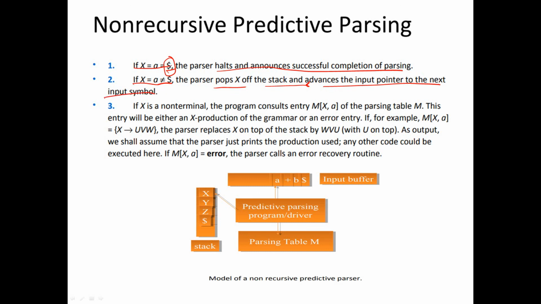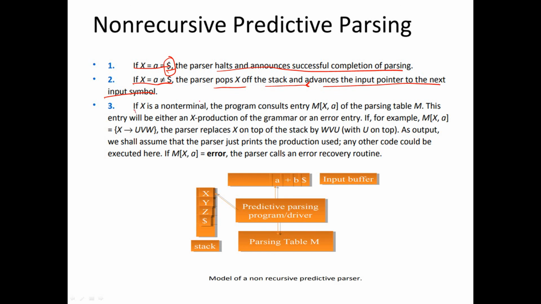So here it is assumed that if X equals a and it equals dollar, then we can say the terminals are completed, meaning the tree construction is completed. If it is not equal to dollar, something is still there, so I pop X and move the pointer to the next input symbol.